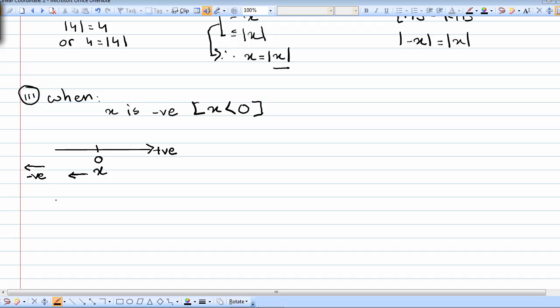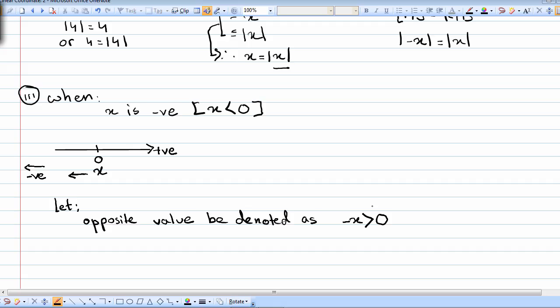Like before, we can consider something like, let the opposite value be denoted as minus x. Now it should be greater than 0. I guess it might be a little confusing at the very first moment.